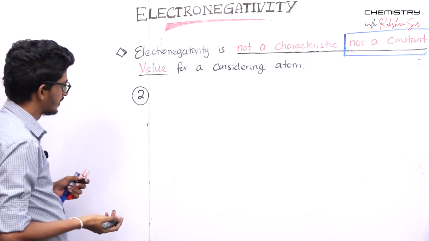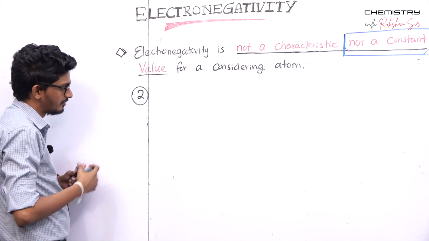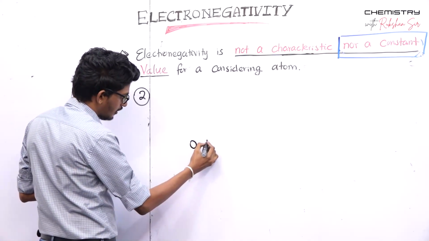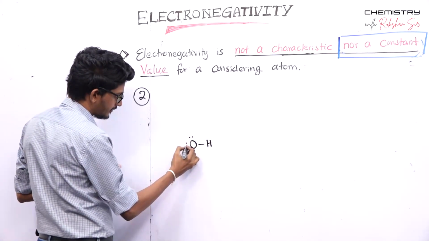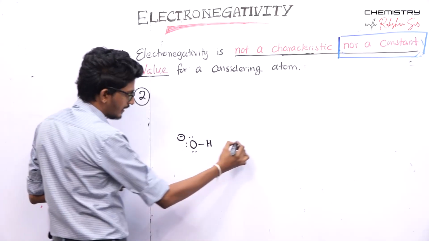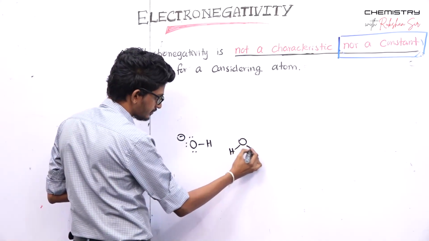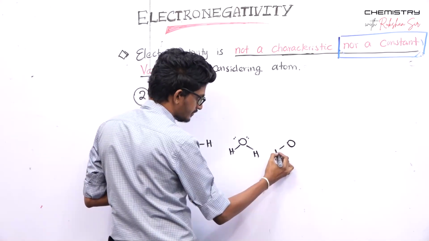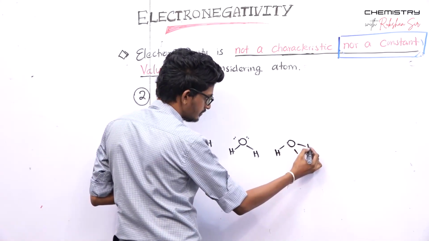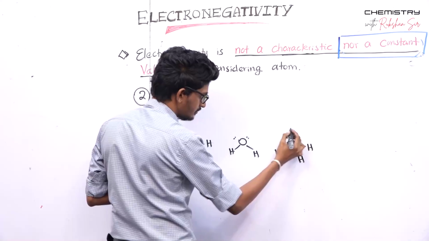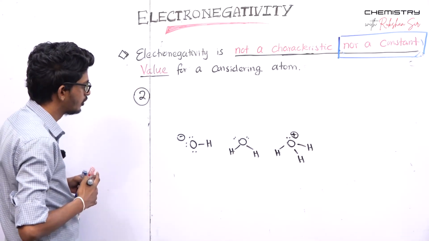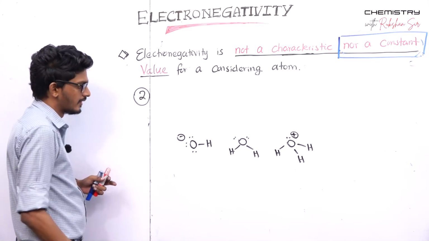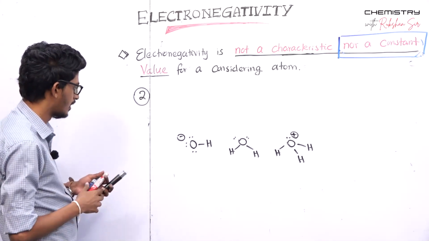Sometimes we'll come across situations where the hybridization is the same. Let's consider these: the OH minus, H2O, and H3O plus. If they ask you to come up with the electronegativity of these oxygens, the variation, you will come up with the wrong answer.